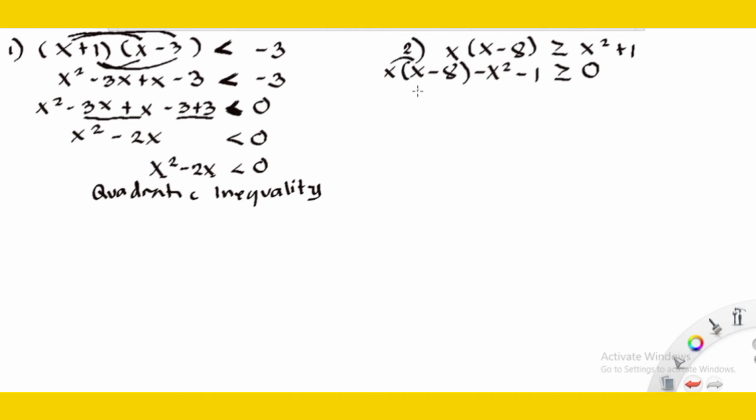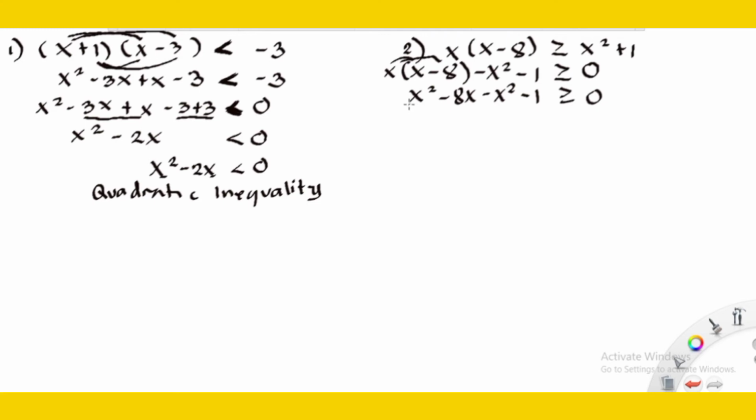So, x times x is x squared. x times negative 8 is negative 8x. And then, copy negative x squared minus 1 is greater than or equal to 0. In the first place, we could have distributed this earlier. So, whichever you'd like, as long as you follow the steps or the properties of equality, we will still get the same answer.